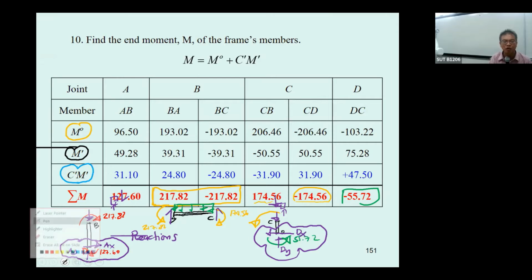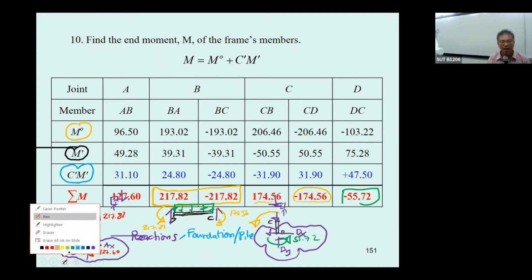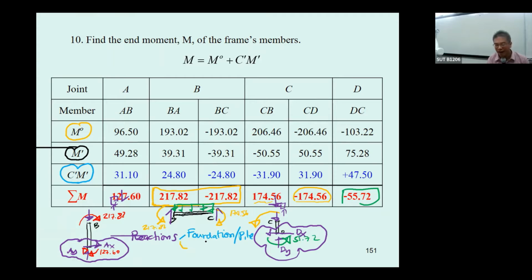Because the reaction will be used to design the foundation and the pier for the support A and for the support D. And then since you need to connect the column to the foundation, you also are required to design the support, design the bolt, design the detail of the connection.